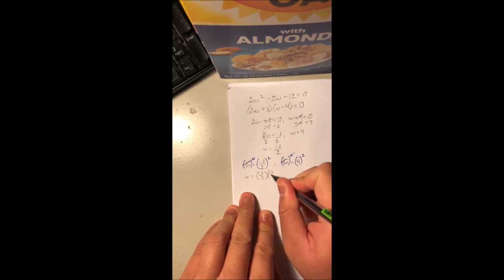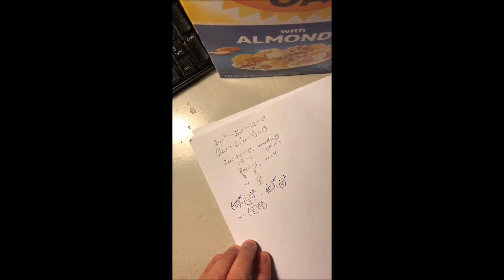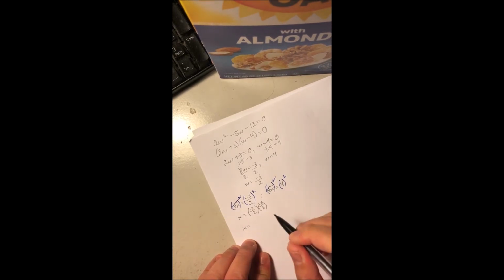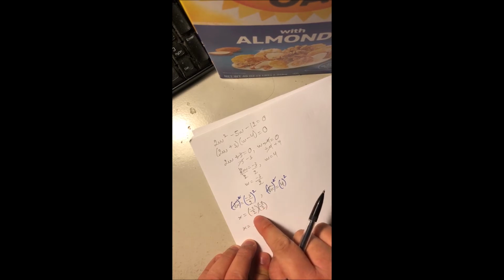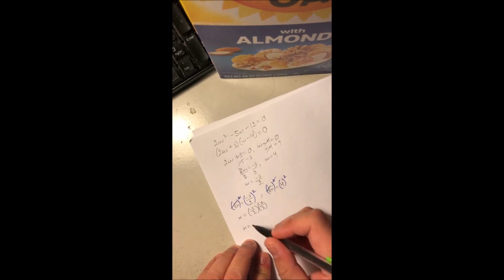And of course, back in pre-algebra and even in middle school or elementary school, you learned that when you multiply any two fractions, you multiply the numerator by the numerator and the denominator by the denominator. So negative 3 multiplying negative 3 is positive 9. 2 multiplying 2 is equal to positive 4.